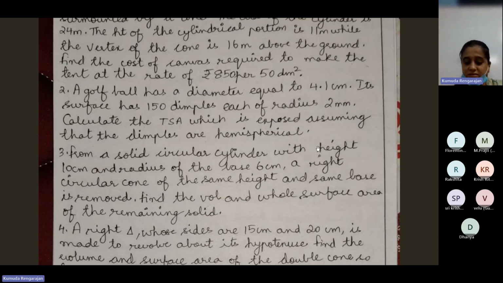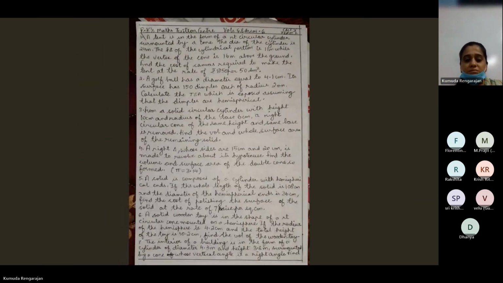Here, class. Minus 150? Okay, so TSA minus 150 hemispheres.